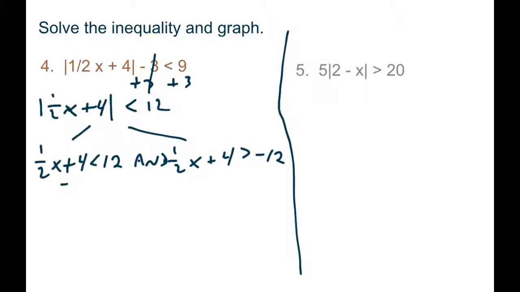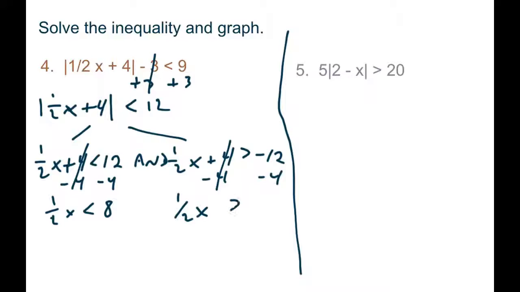I'm going to subtract 4 on both sides. Do that on both inequalities. That cancels. 1/2 x less than 8. That cancels. 1/2 x greater than negative 16. I'm going to multiply both sides by 2/1, the reciprocal of 1/2.